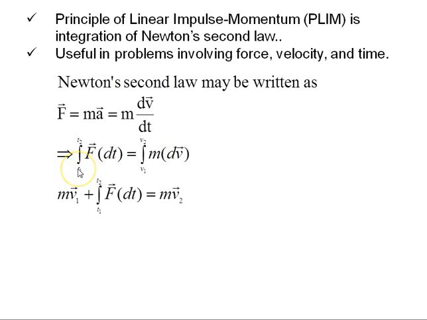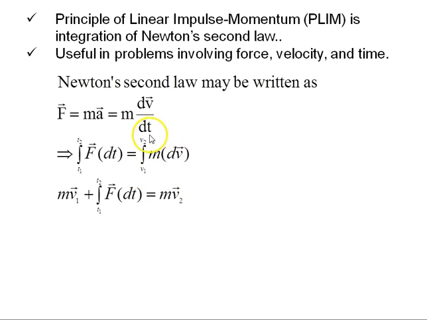We note that at time t = t1, velocity is v1. At time t = t2, velocity is v2. If you look at the right hand side of the equal to sign, this m is constant, so take it out of the integral. m times integral of dv. Integral of dv between v1 and v2 is v2 minus v1.